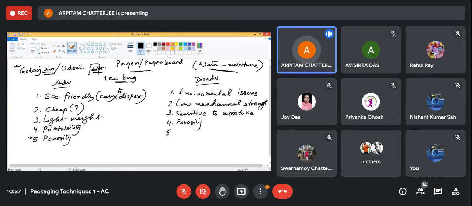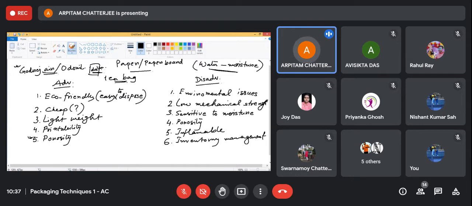Okay, another important disadvantage is it is inflammable, right? Paper is basically very inflammable, and overall, paper has some problems in terms of inventory management. A paper-packed product kept for a very long time will need a lot of extra treatment because your inventory is having a lot of moisture.